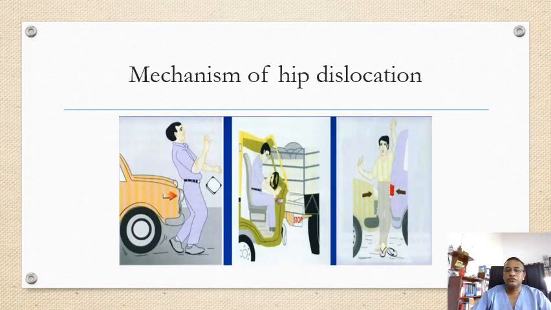So to get a hip dislocation, there should be massive force. Most of the time, this thing happens: drivers, while they are trying to pedal the brake when they see the vehicle is going to make an accident, they try to pedal the brake and the force comes from the axial direction.